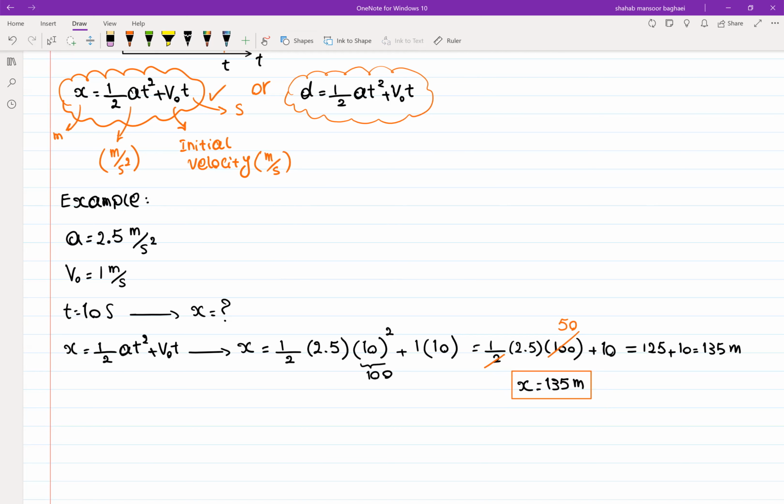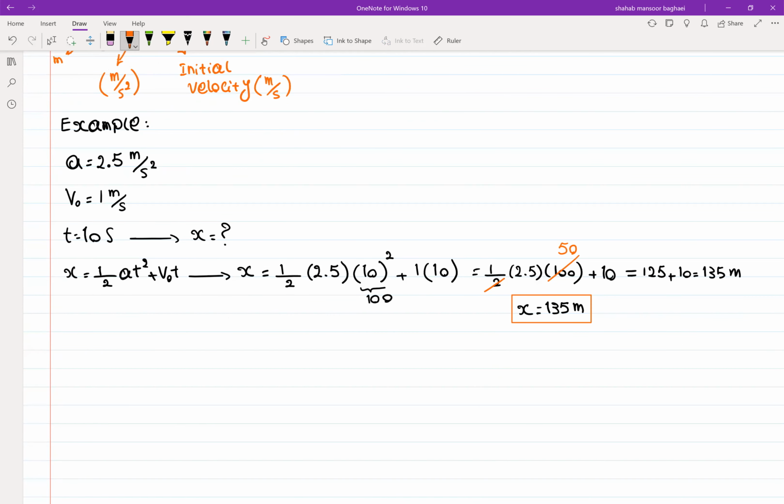Next example. There is a moving particle. It has an acceleration of 4.2 meter per second square.